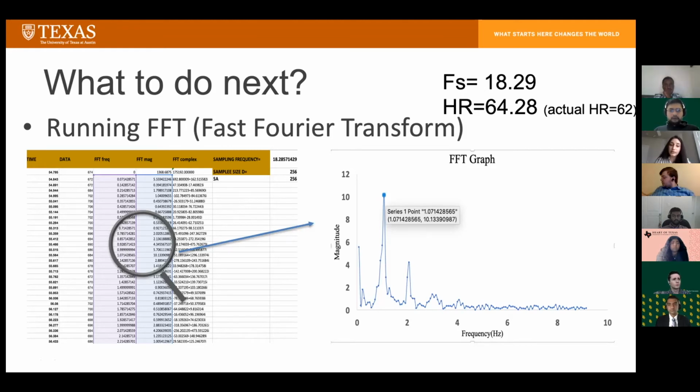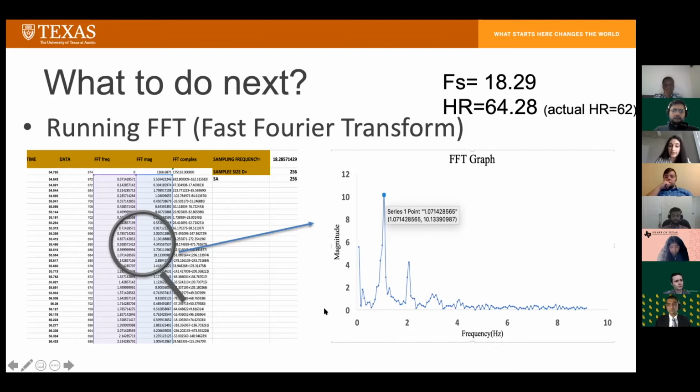In this case, sampling frequency was about 18.29, and using the sampling frequency information, we can get the FFT complex, and FFT complex enables us to get the FFT magnitude and FFT frequency information. What we care about in this analysis is FFT frequency and FFT magnitude, since they are going to be shown on our X and Y axes.